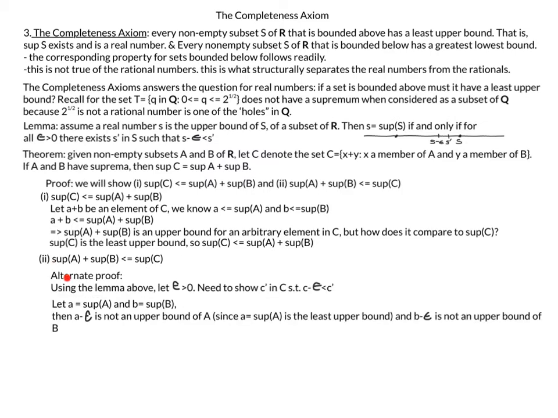There is an alternate proof here, and the reason why I feel like it's worth doing is that it uses this lemma here, which will become useful in other proofs. So looking at this, if we're proving that sup C is equal to sup A plus sup B, and we want to know something about sup C, we can say an element C, this little c here, is sup C if and only if for all epsilon greater than 0, there exists a little c prime.